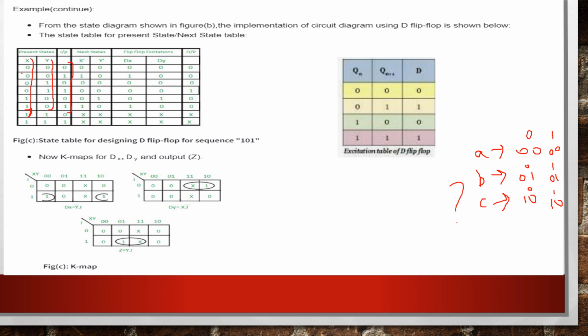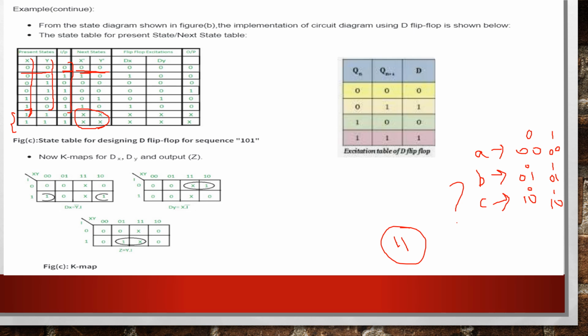So this is the present state 0, 0. At that time when 0 is the input, it goes to the next state 0, 0 only, as we already saw. Whereas here we see the combination 1, 1 is not defined in the state diagram. That's why we are not finding out the next state at this point, and we are going to take it as xxx the whole way.